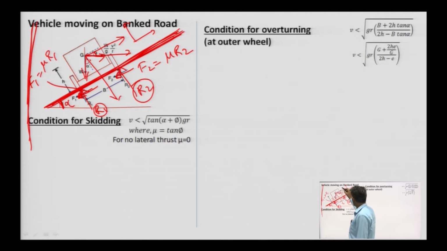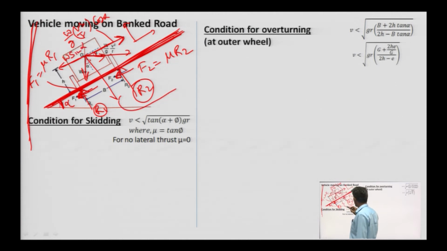So, this one component is W by g, V square by R, into cos alpha. And the component of W along this will be W sin alpha.